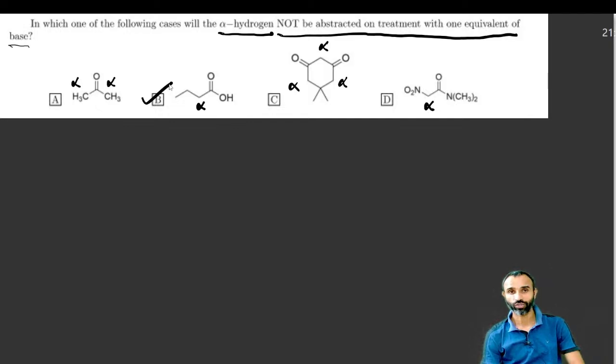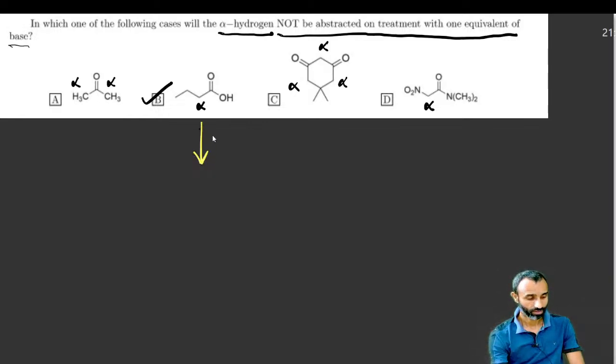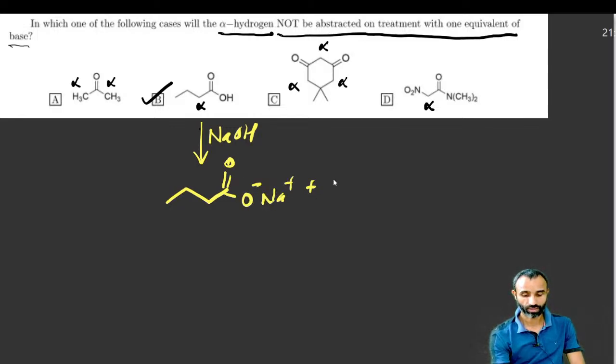Why is it so? Because when one equivalent of base is there, it's a carboxylic acid, so first of all the carboxylic hydrogen will react.